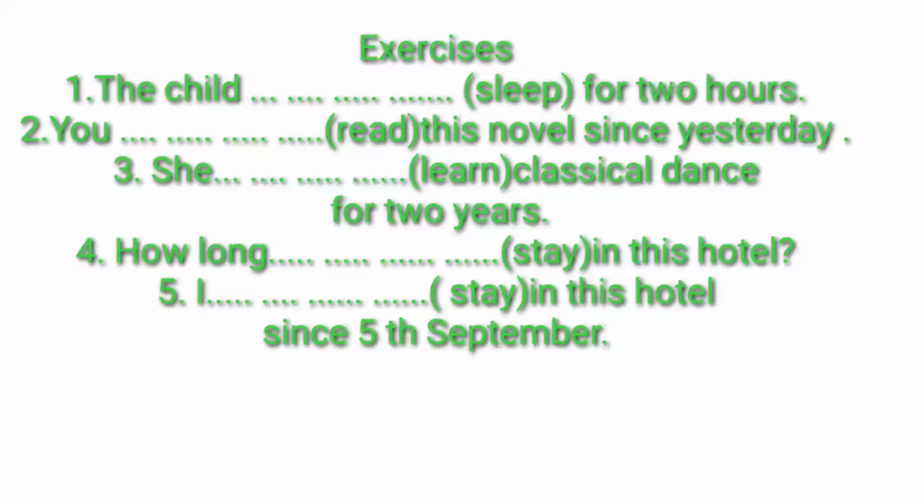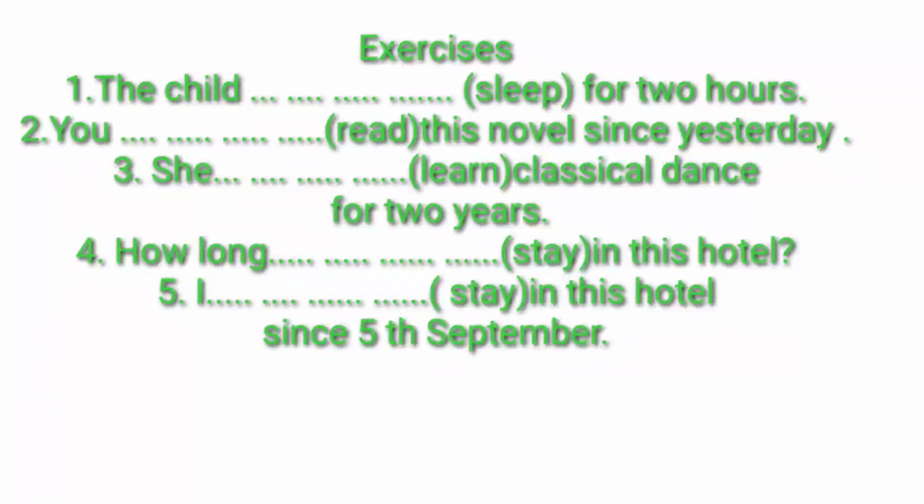She has been learning classical dance for 2 years. Fourth one. How long, in the bracket stay is given, in this hotel. How long have you been staying in this hotel? So normally the expected answer is I have been staying in this hotel since 5th September.